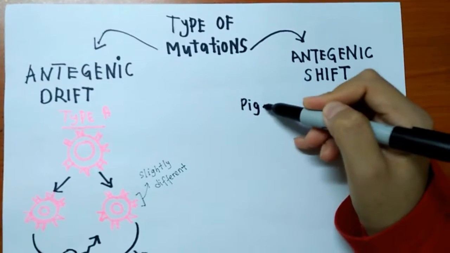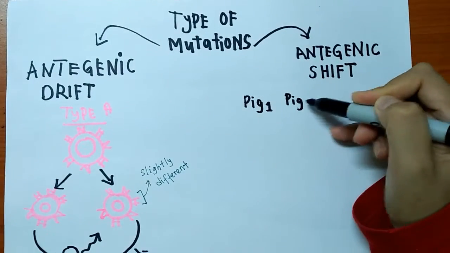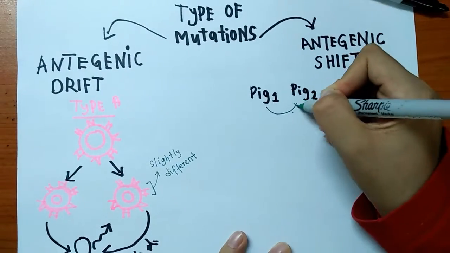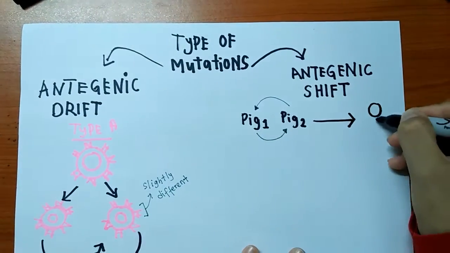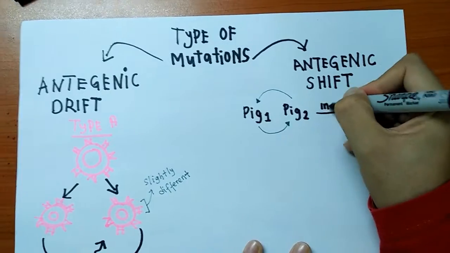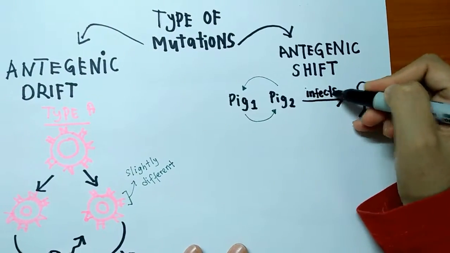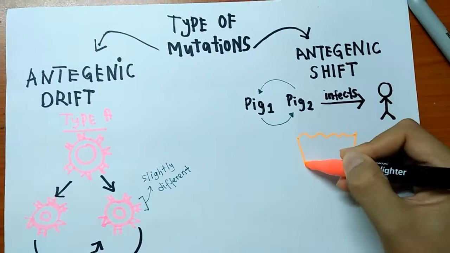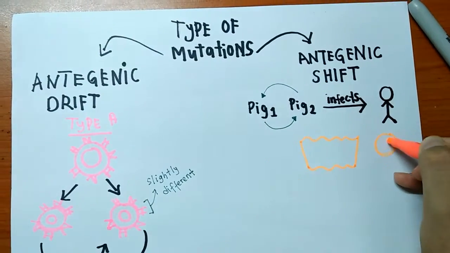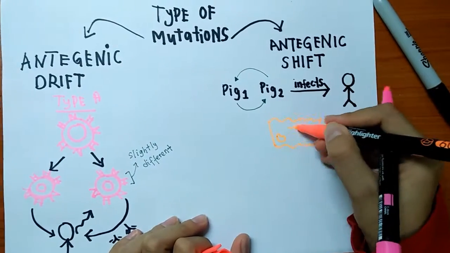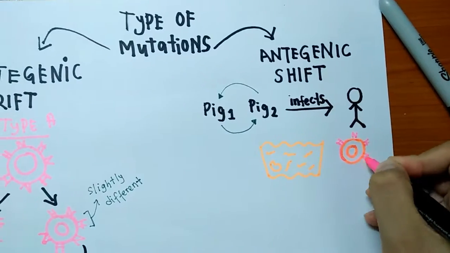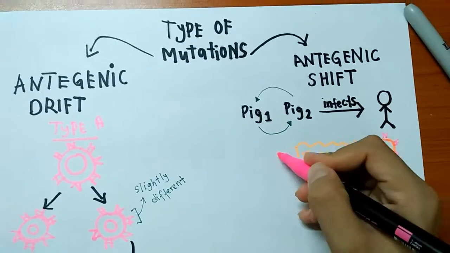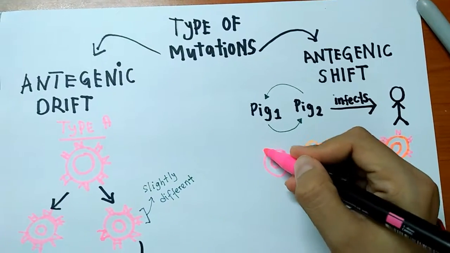Antigenic shift is where sometimes a virus circulating among an animal population like pigs will suddenly change in a way that allows the virus to infect humans as well. This happens when the same cell, let's say a pig cell, gets infected with two similar flu viruses, for example, a flu strain that usually infects humans and one that usually infects pigs.